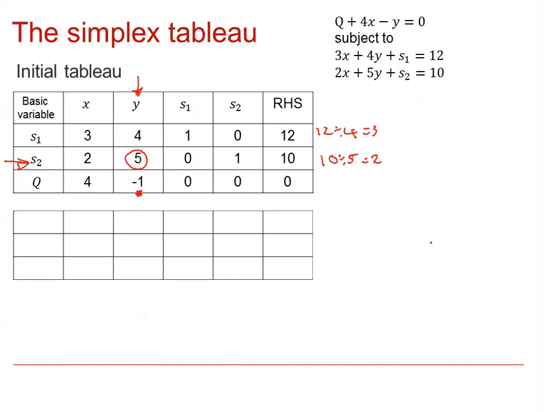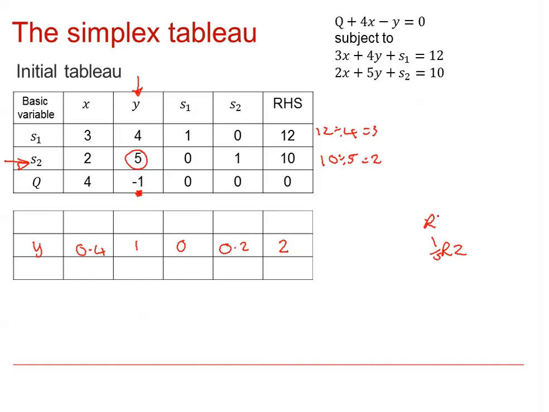So now we need to reduce this pivot element to 1. So we divide row 2 by 5 and we get 0.4, 1, 0, 0.2 and 2. And our basic variable now becomes Y. So we look at row 1 and we need to reduce the element in the Y column to 0.